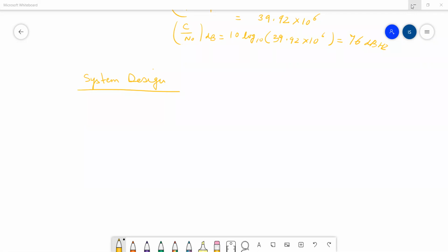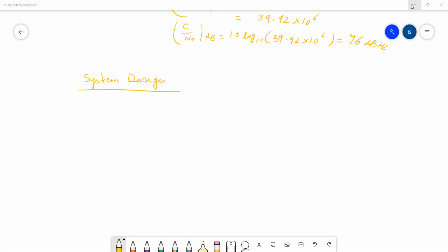Okay. So generally what procedure do we follow? First we have to calculate the uplink carrier to noise ratio. Okay? Uplink carrier to noise ratio at the input of the satellite, for a given frequency and antenna size.